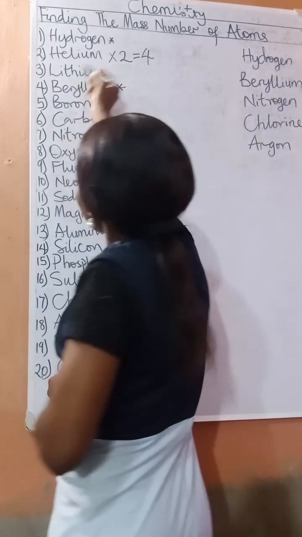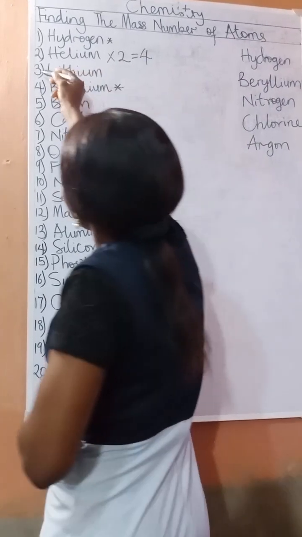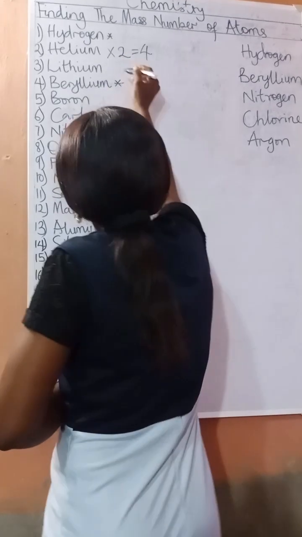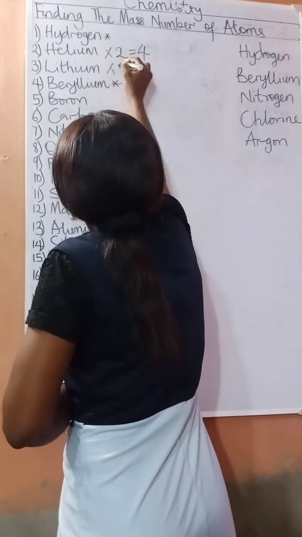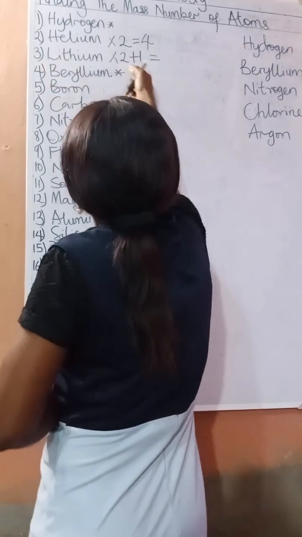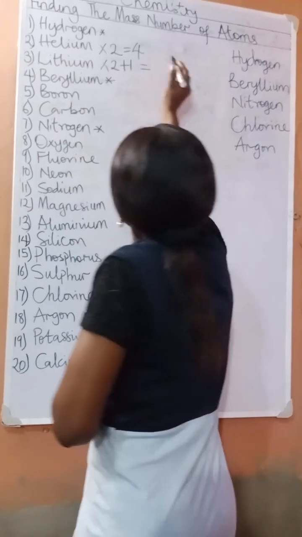The next one is lithium, atomic number 3. It is an odd number, so we apply the trick. Times 2 plus 1. 3 times 2 is 6, plus 1, 7. The mass number of lithium is 7.